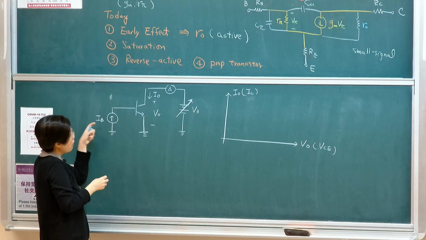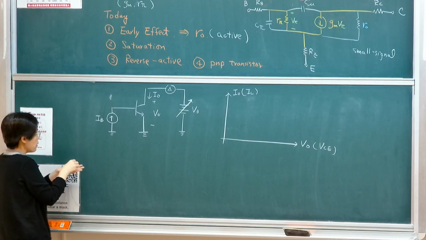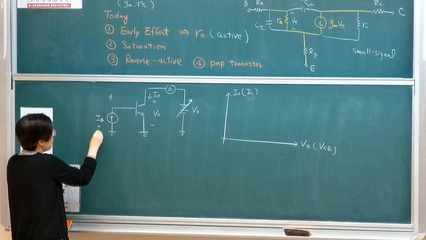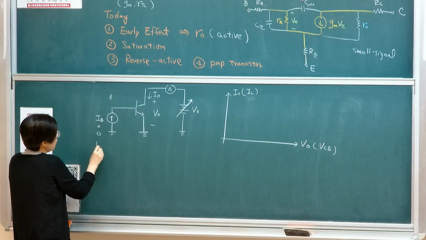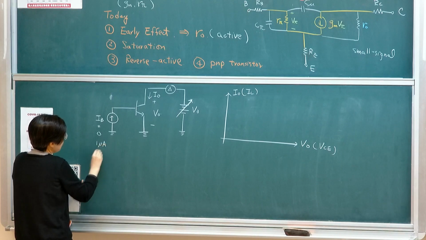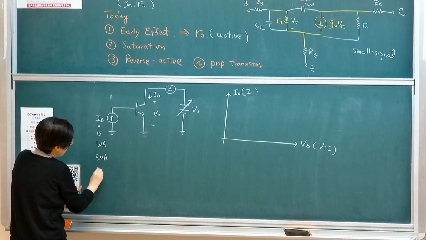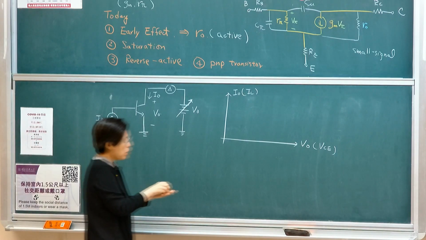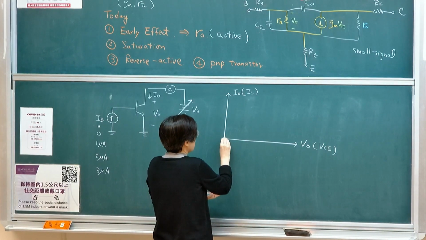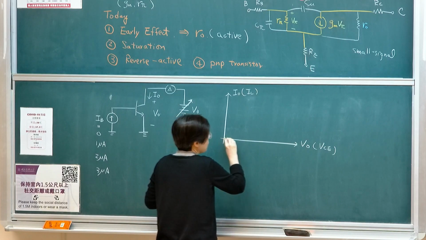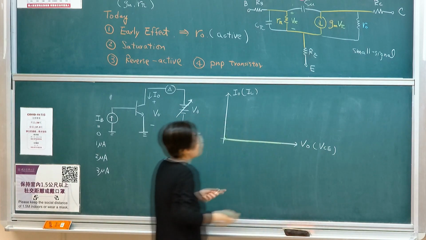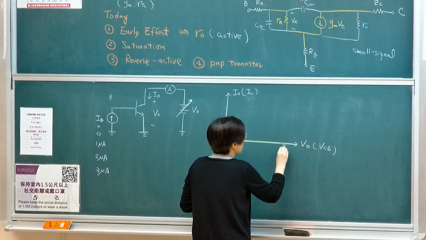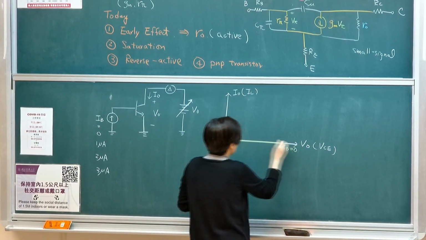If I'm injecting a constant step of current, for example, not ramping, just set at different levels, let's say 0, 1 microamp, 2 microamp, 3 microamp. I'm just going to inject 3 conditions. What we would expect is that if I'm injecting 0, there's no current. 0 corresponds to 0, so this is IB equals 0.